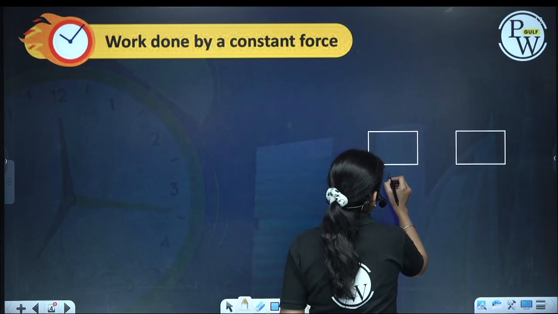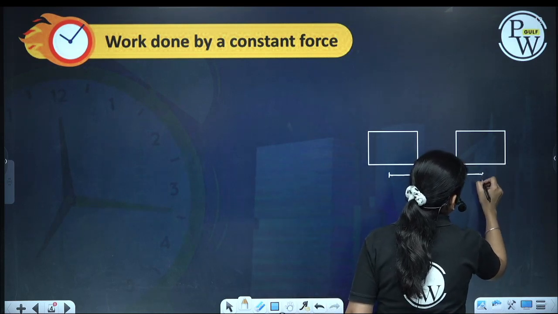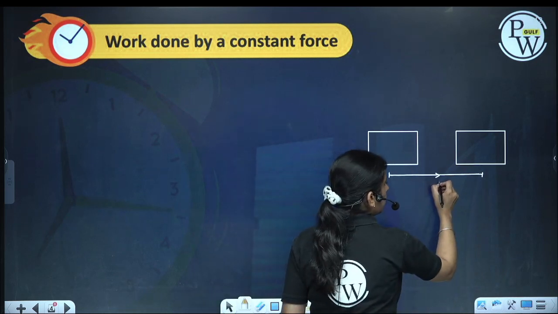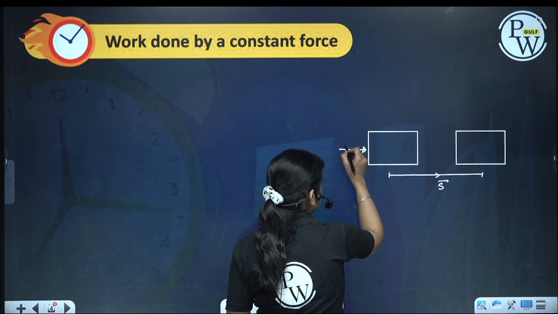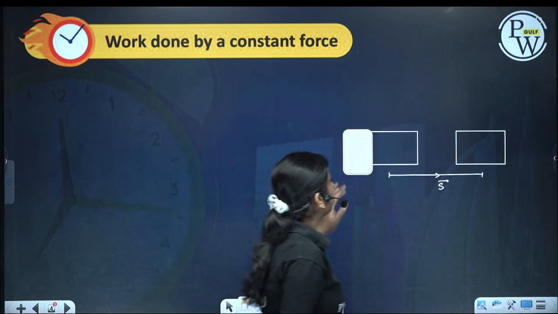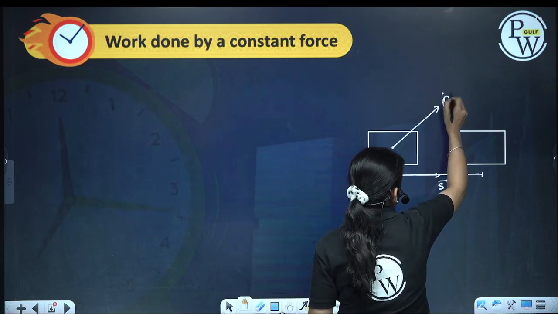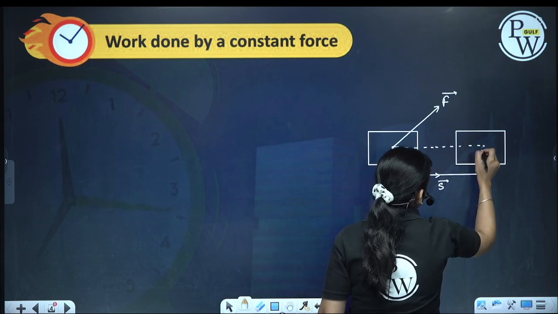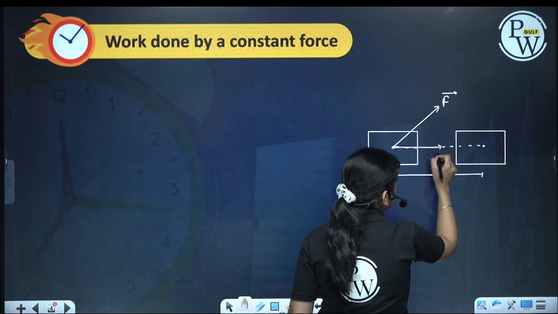Now this block is displaced by an amount s in this direction. If some F force is acting, let us take it along some angle. F force is acting and the block is displacing by an amount s.